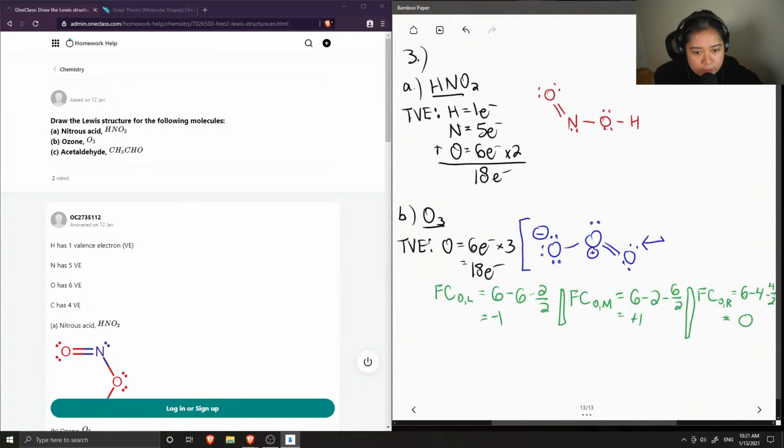Or if we were to draw its resonance structure, then we can have the following, where our leftmost oxygen has the double bond. Our middle one will still have the positive charge, and the rightmost one can have the negative charge.